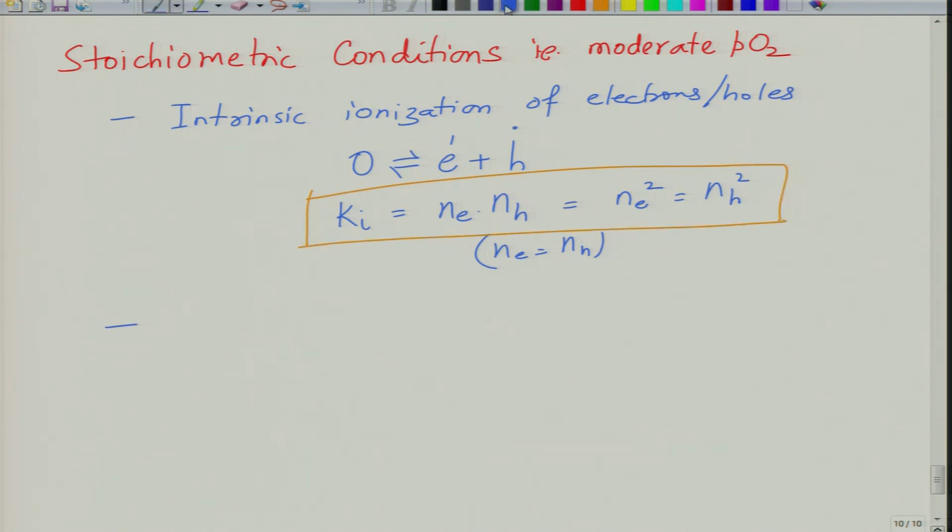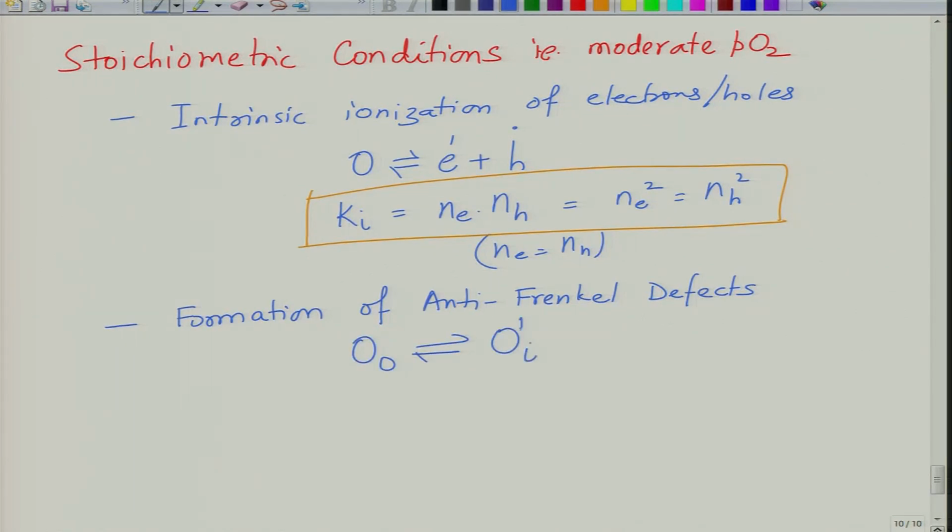Second scenario that might occur, so this is third one, and the second scenario that might happen is formation of anti-Frenkel defects, okay. So, which means oxygen at oxygen site goes to interstitial, and as a result it forms vacant sites of oxygen.